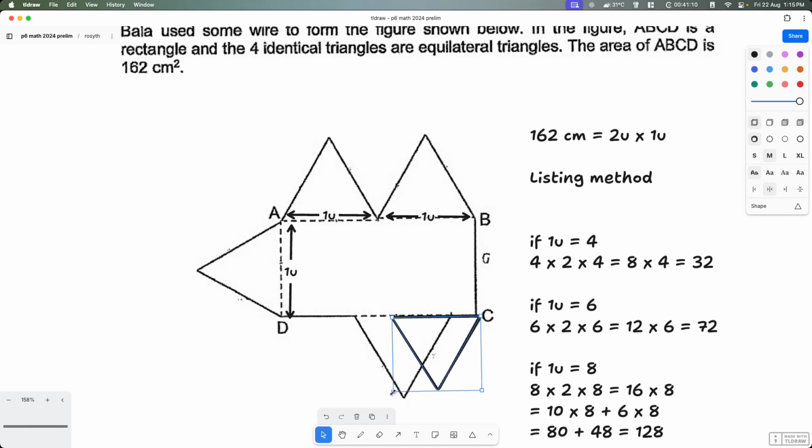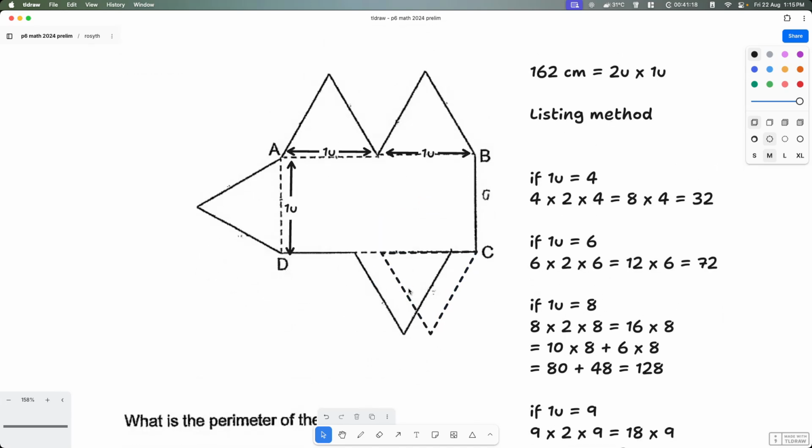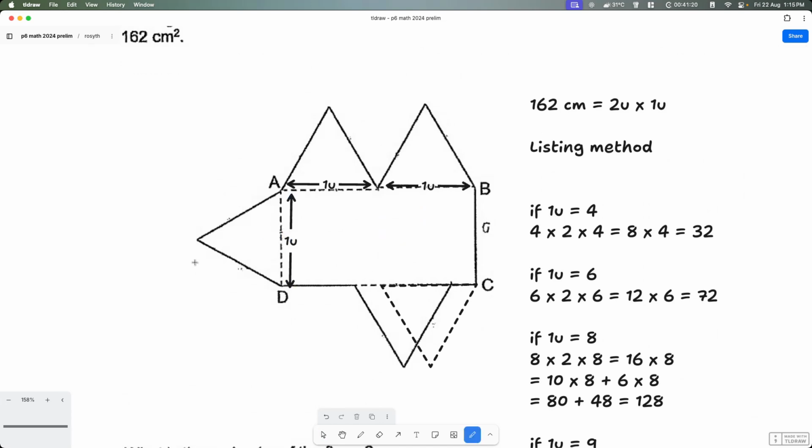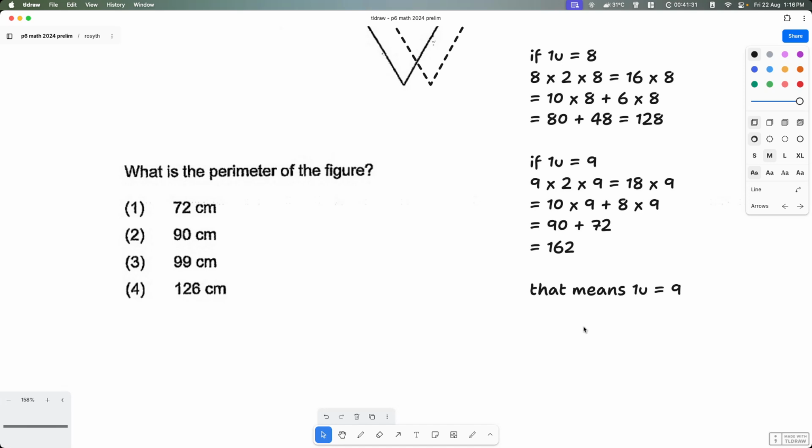It's the same as this thing over here. All right, so now we can just count the number of sides of triangles. So we have 1, 2, 3, 4, 5, 6, 7, 8. So we have 8 sides, and then we can just add one more of this. So 10. So total perimeter is equal to 9 times 10, right?